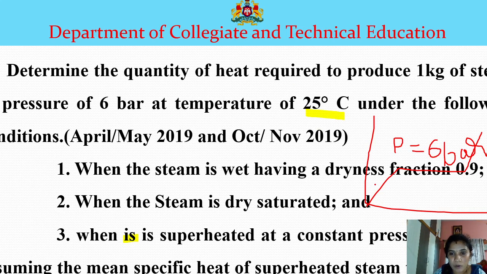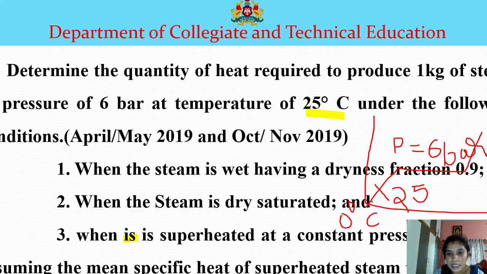In this, the initial temperature is 25 degrees Celsius. You have to remember this particular point. While learning the formation of steam, we used to consider from 0 degrees Celsius. But in this case, the temperature of the water has already been heated to 25 degrees Celsius. That is the meaning.